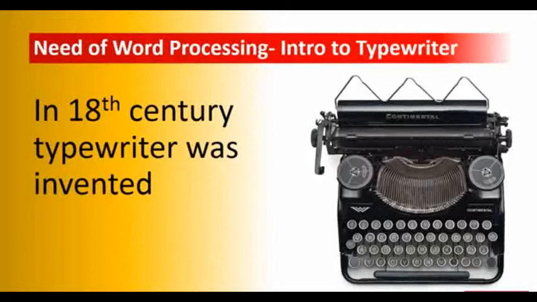Here you can see the image of a typewriter, and obviously you may have seen this type of typewriter in olden movies. Especially it was used in the court to type legal documents. In the description of this video I have put the link of a video on how a typewriter works, so you can see that.